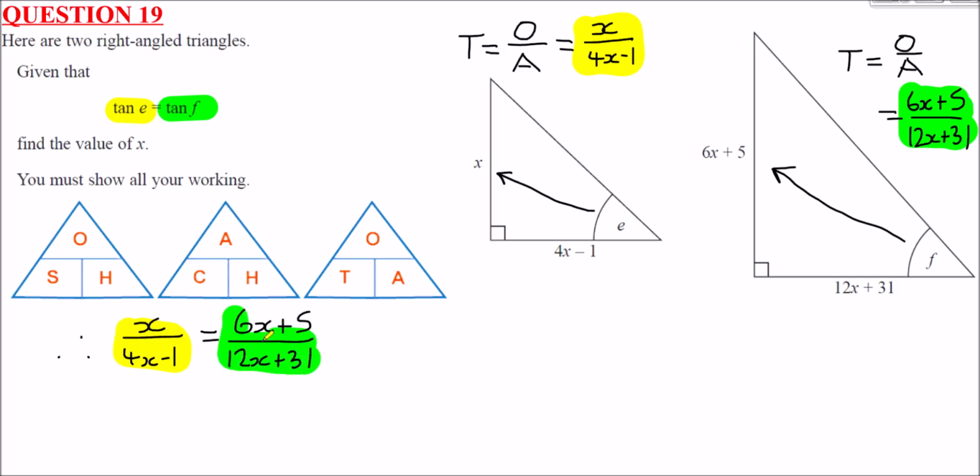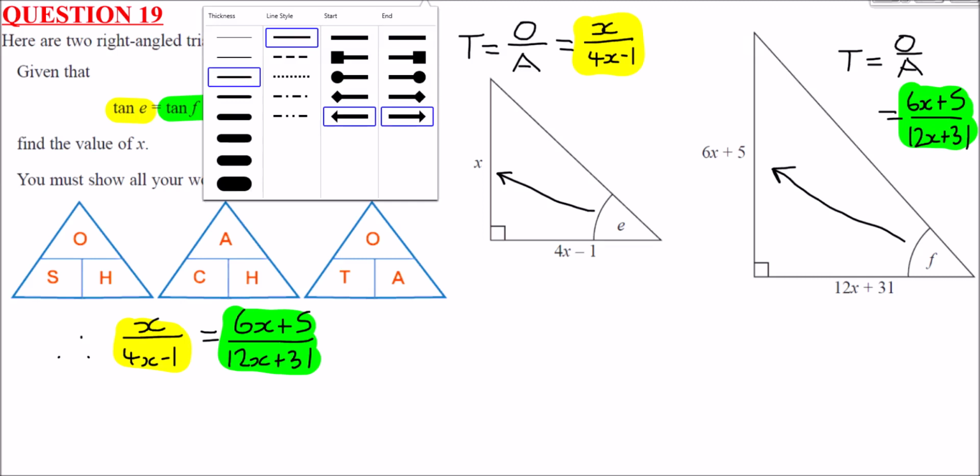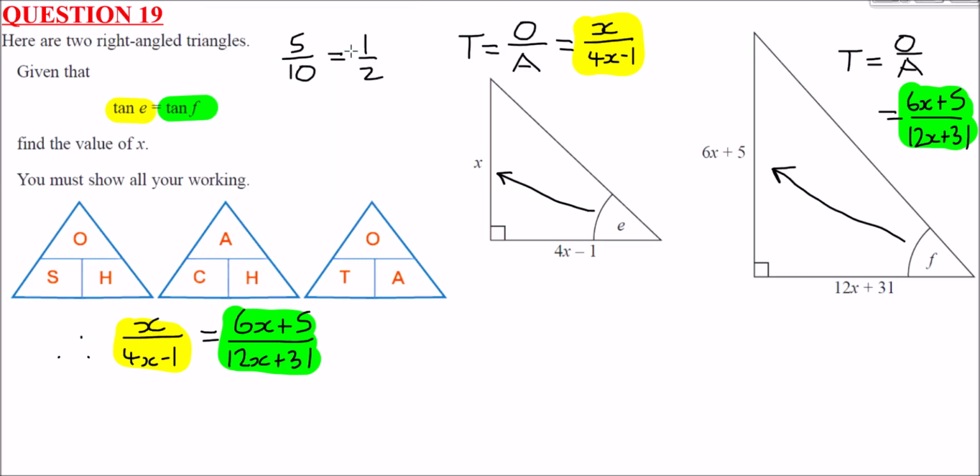Now we've got one fraction equals another. Think about when you simplify a fraction. Just a bit of a thought experiment: let's say you want to simplify 5 out of 10. Well, 5 over 10 is the same as a half. But check what happens if you multiply each number by the opposite corner. 1 times 10 is 10, 5 times 2 is 10.